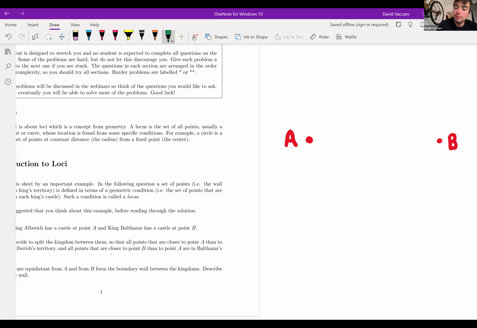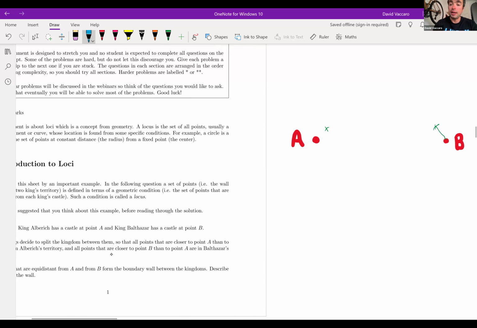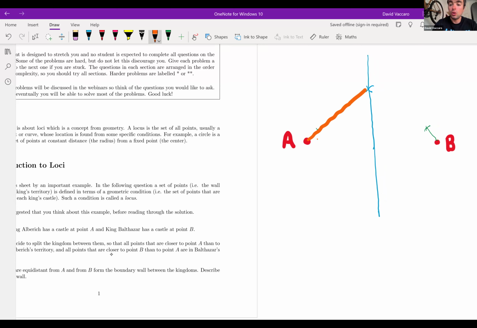And they divide the kingdom in such a way that if a point is closer to B than to A, like this one, it belongs to Balthazar. If it's closer to A than to B, like this one, it belongs to Alberic. Obviously, there's going to be some boundary wall between their kingdoms. And so that boundary wall will be the set of points where the distance from A and B is the same.